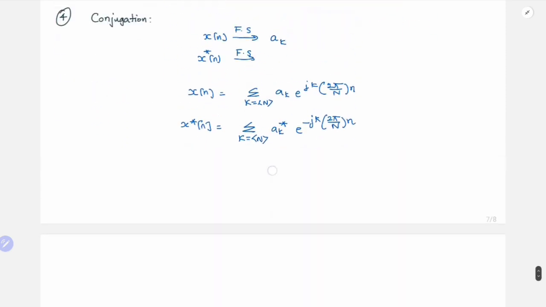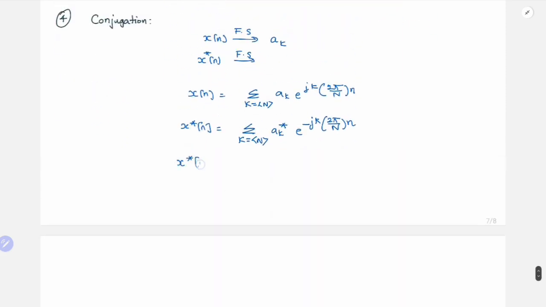So I need to replace k with minus k. Let me say l equal to minus k, or k equal to minus l. Then I'll have my l again. If I have it from 0 to N minus 1, it will be going from 0 to minus N plus 1, but the summation is still over N terms only. So I'll still have N. Here I'll have a_(minus l) star e^(jl(2π/N)n).